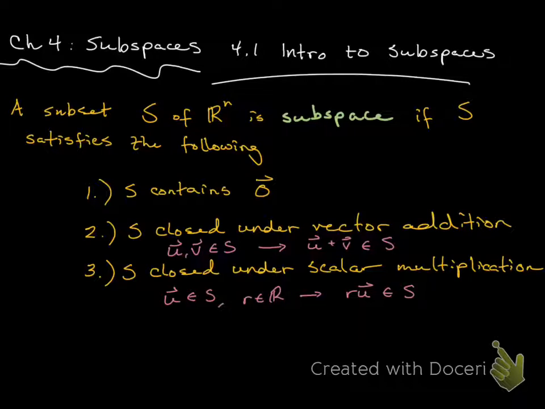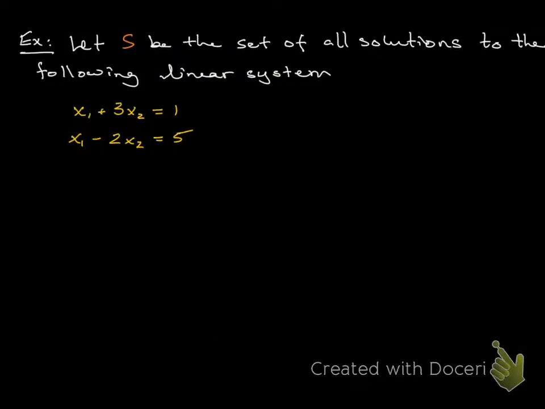I want to look at an example here. Let S be the set of all solutions to the following linear system: x1 plus 3x2 equals 1 and x1 minus 2x2 equals 5. The way my set is defined here is it's the set of all solutions to this system. So I solve the system.